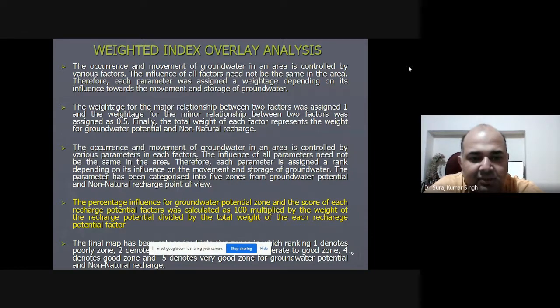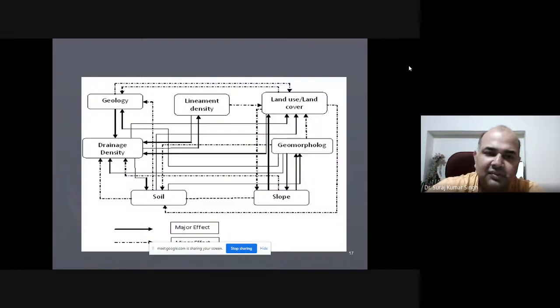The parameters have been classified into 5 zones. The percentage of influence for the groundwater zone and the score of each recharge was calculated as 100 multiplied by the weight of the recharge potential divided by the total weight of each recharge, and then we classify it. This is the amount of relationship that we have stated.